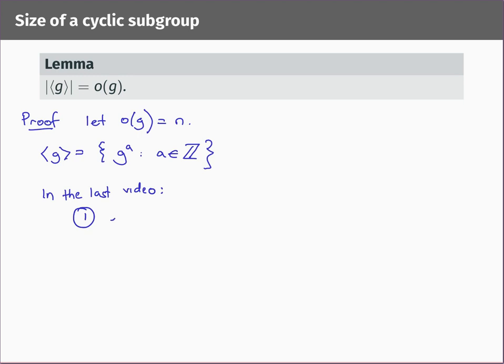First of all, every power of g equals one of g to the 0, g to the 1, g to the 2, up to g to the n minus 1. So that means this cyclic subgroup has got size at most n, because every single power of g, everything in that cyclic subgroup, is equal to one of these n things.